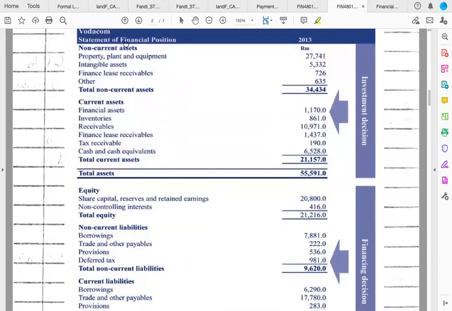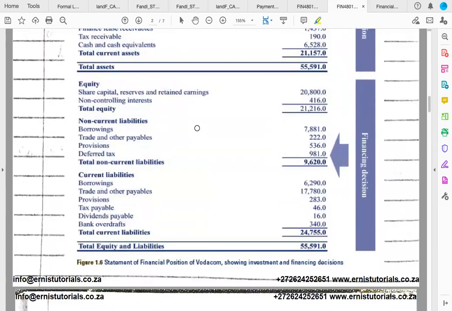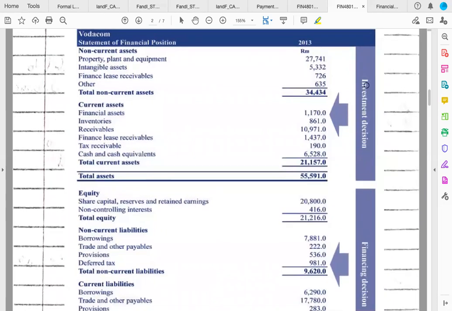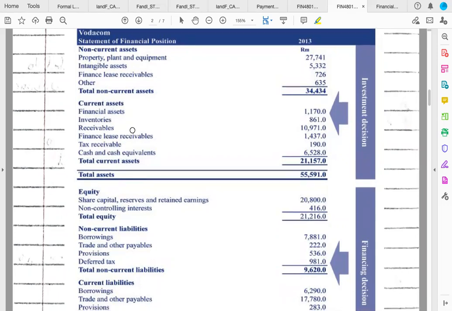This can also be illustrated in the statement of financial position of the company. The parts to do with the non-current assets and current assets of the company have to do with the investment decisions, where the top half has to do with investments in non-current assets, and the bottom half investments in current assets and also financial assets.